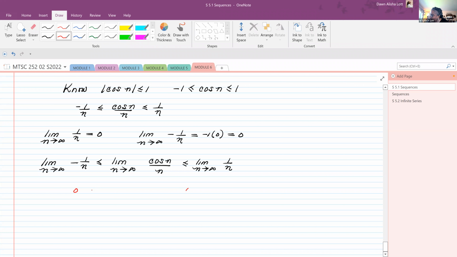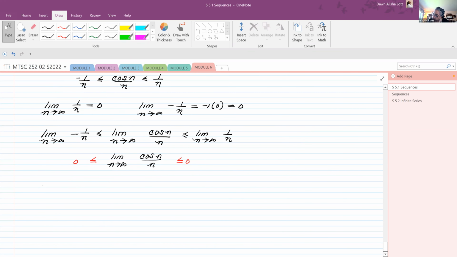So I have this is less than or equal to, and inside I have the limit as n approaches infinity of the cosine of n over n. So by the sandwich theorem, its limit is also 0.